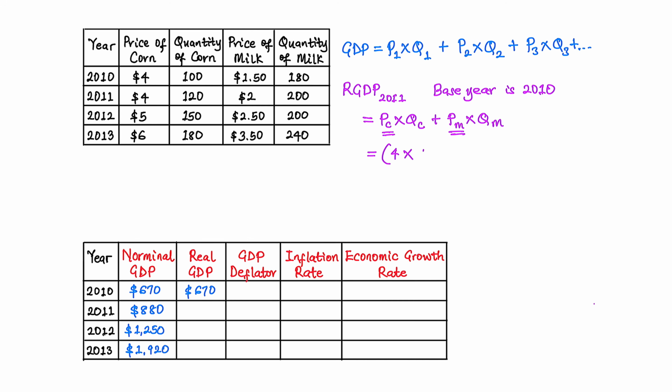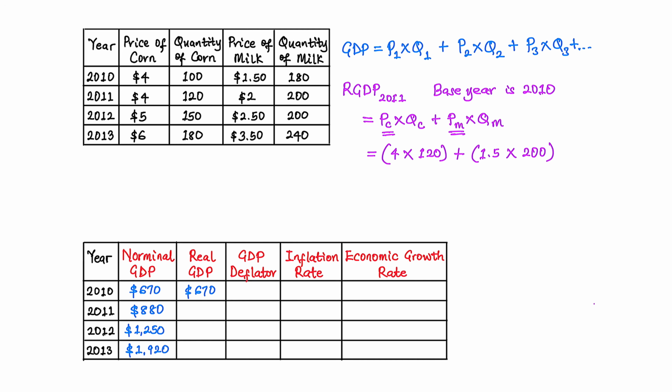So 4 times 120, plus the price of milk. The price of milk in the base year, which is 2010, is $1.5. So the price of milk is $1.5 times the quantity of milk, not the quantity of milk in the base year, but the quantity of milk in the year we are calculating the real GDP for, which is 2011. The quantity of milk in 2011 is 200 units.